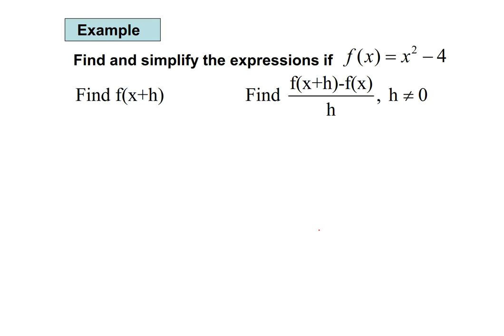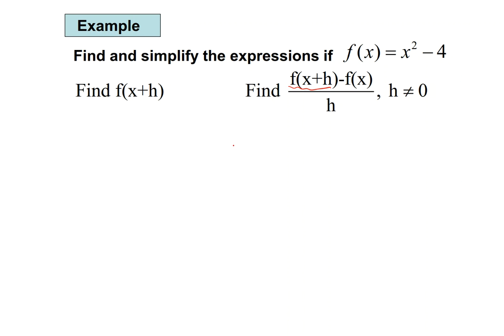We have the function of x squared minus 4. The first part that I'm looking at is this f of x plus h. So I'll use some brackets here. And instead of x squared, I'm going to write a set of parentheses squared minus 4. So here, instead of x squared minus 4, I'm replacing the x with x plus h.